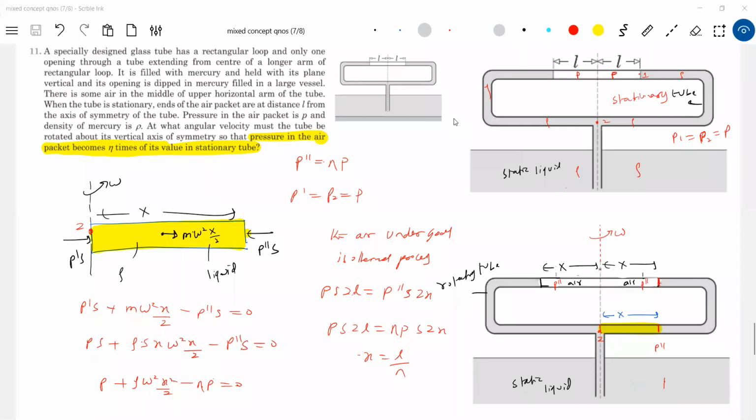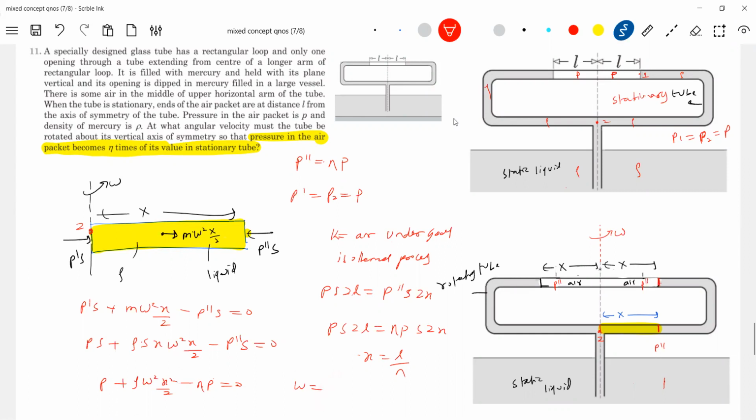This is an isothermal process, temperature remains constant. That's what most of the problems say: all that enclosed air will undergo an isothermal process because glass is like insulated. I'll scroll down. I'll write the equation now. Please verify it.